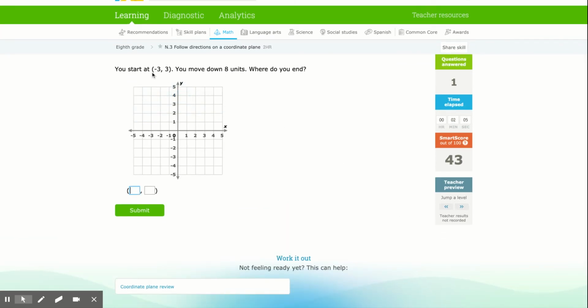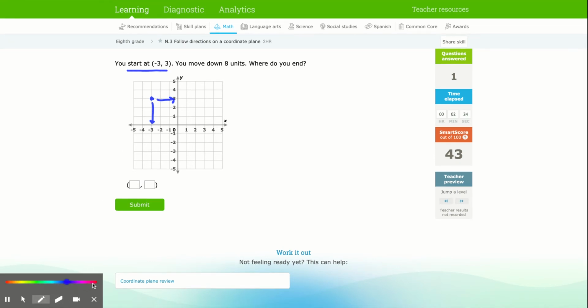Okay, here it says you start at -3, 3. So again, if you need to, you come over here to -3, you come up here to 3. That point right there has an x value of -3 and a y value of +3. That's where I'm starting. Then it says to move down 8 units.